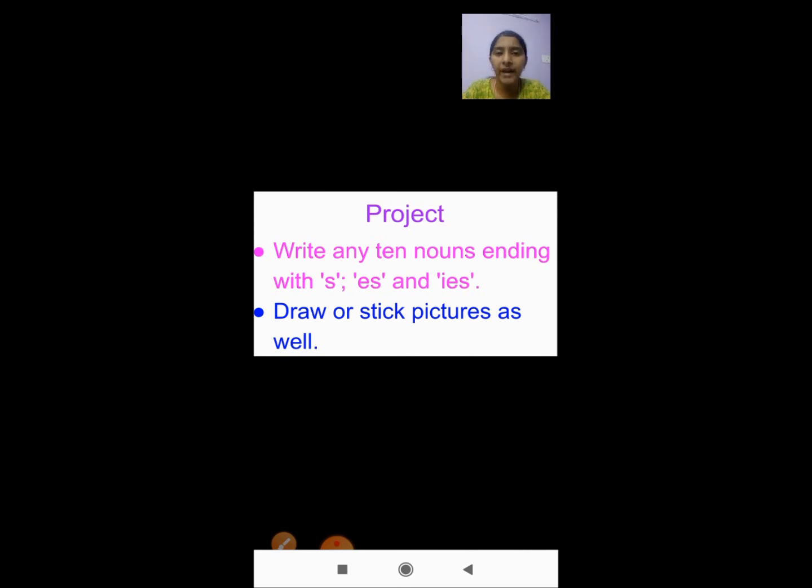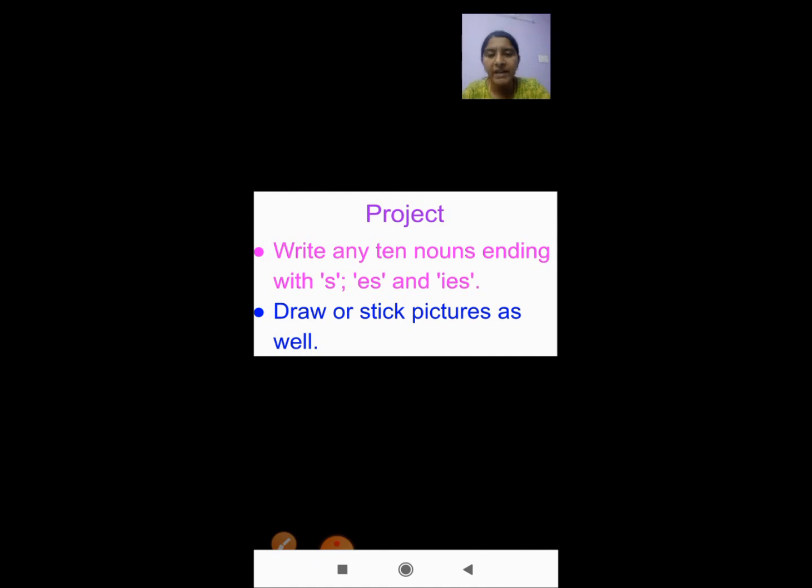The word should end with, for example, we saw now, roads. It should end with S. And then babies, so it will be IES. And then one thing, it has to end with ES. Okay, children.